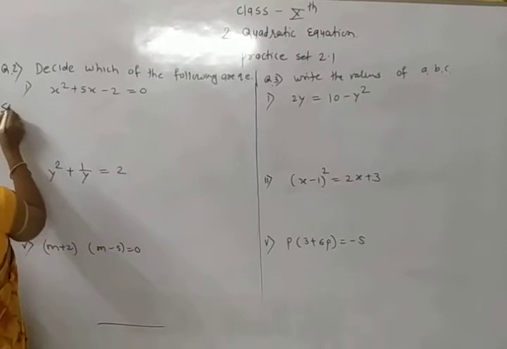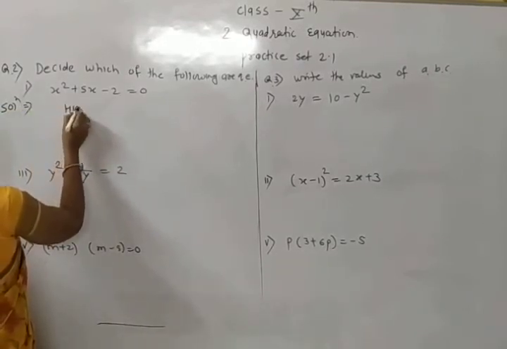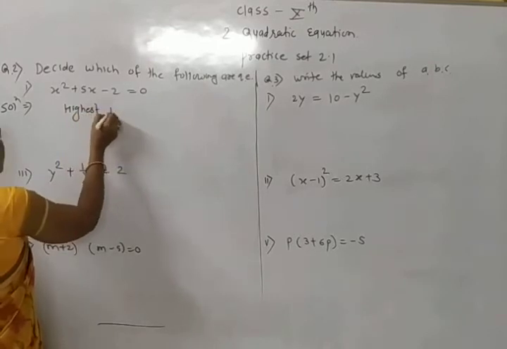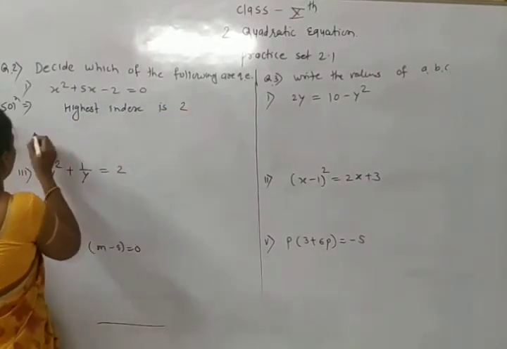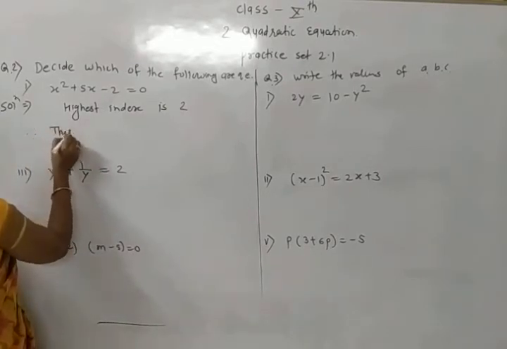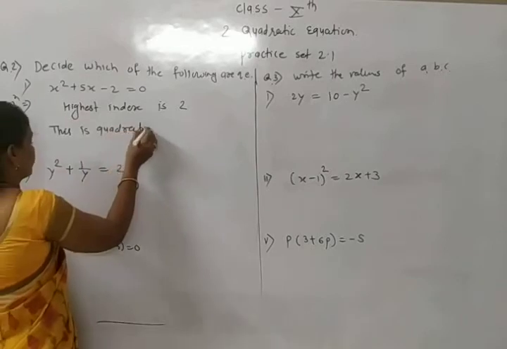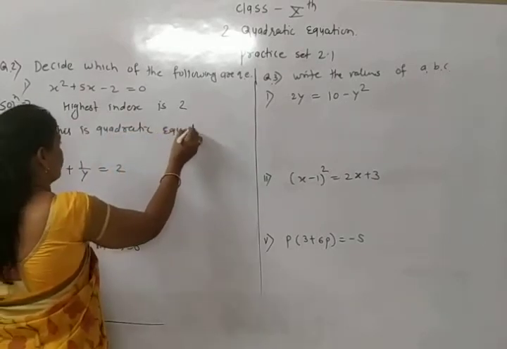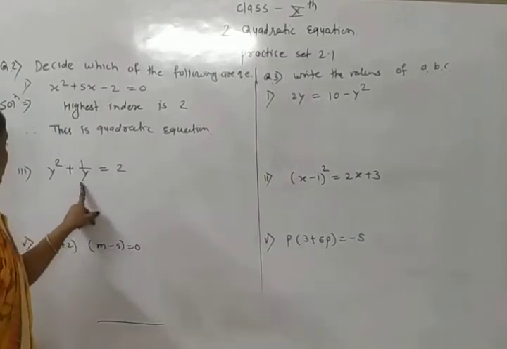Then solution: highest index is 2. Therefore, this is a quadratic equation for 1 mark. Second question, y square plus 1 by y equal to 2.